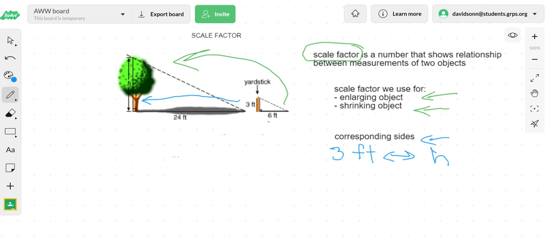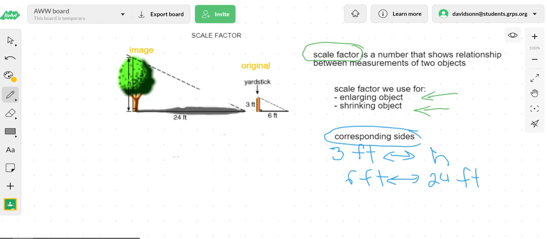Also, the 6 foot shadow corresponds to the 24 foot shadow. Every time we're talking scale factor, we need to pay attention to which side corresponds to what side. We have to compare corresponding sides.